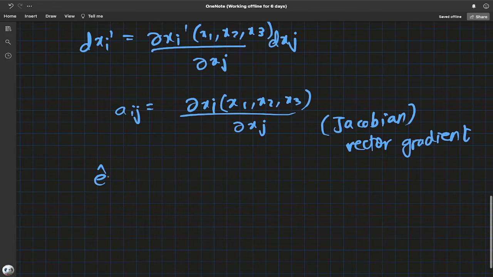So assuming you have e_j, we can write this as a_ij e_i prime, and we have e_j dot e_k.